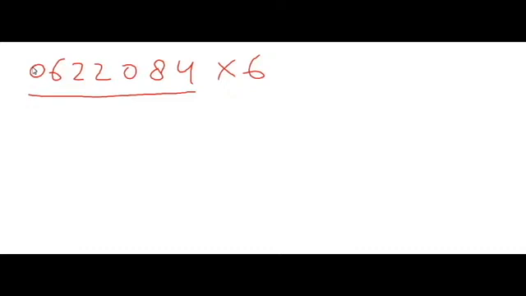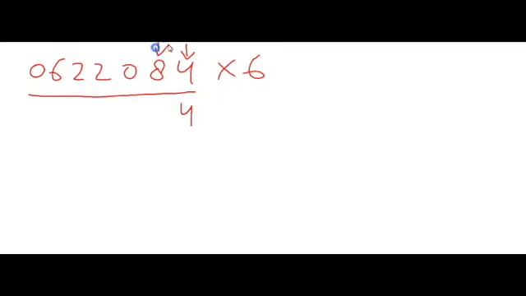Now the rule here is, for each figure, like if we are dealing with this figure 4, you have to add half of the neighbor. So there is no neighbor, so half of the neighbor will be 0, so you will write 4 as it is.